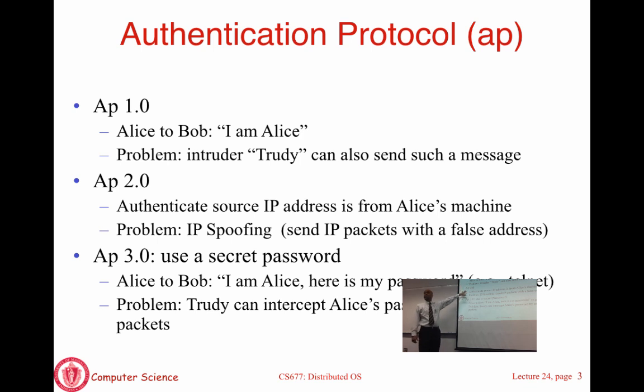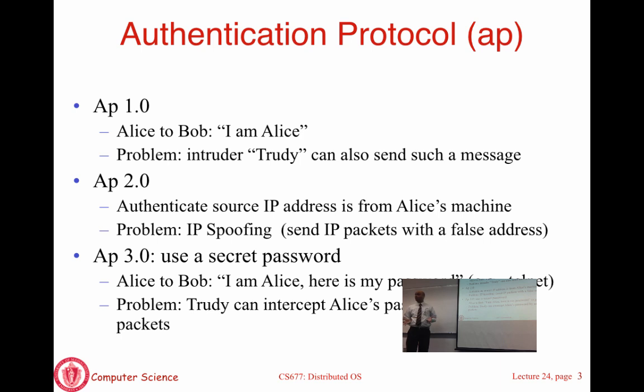Here Alice and Bob are computers. In the security world, they like to have personal names assigned to entities rather than saying they're two computers. So intruder Trudy can also send the same message, and Bob doesn't know whether the message actually came from Alice.